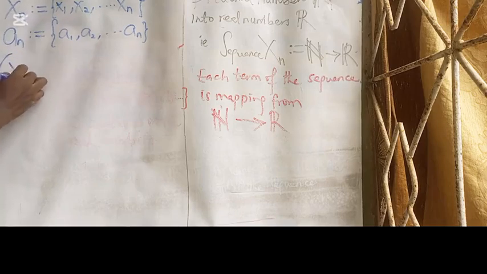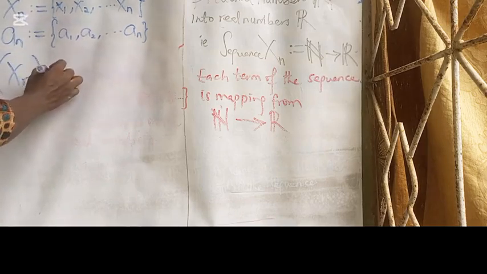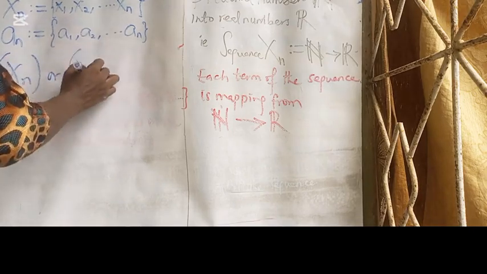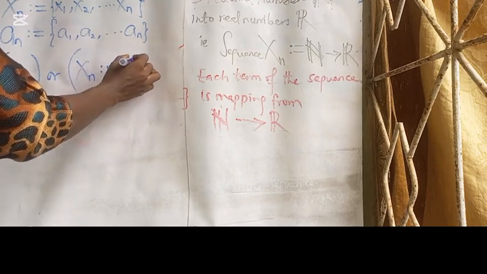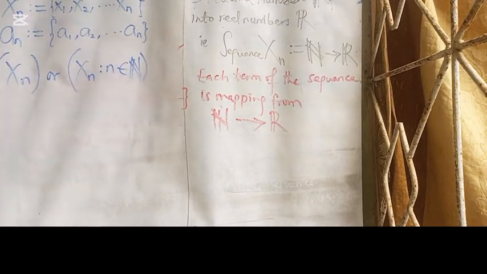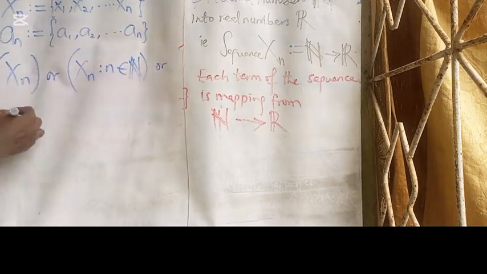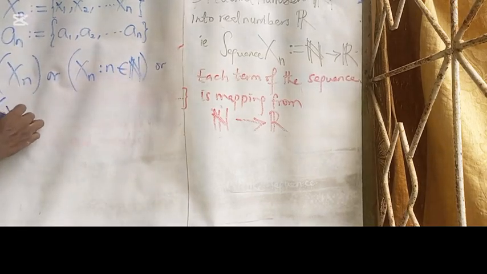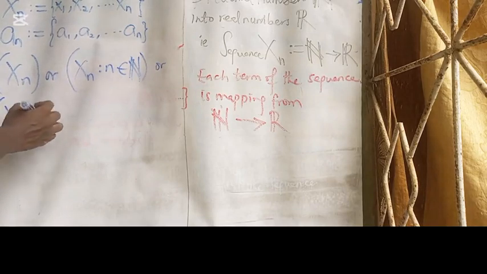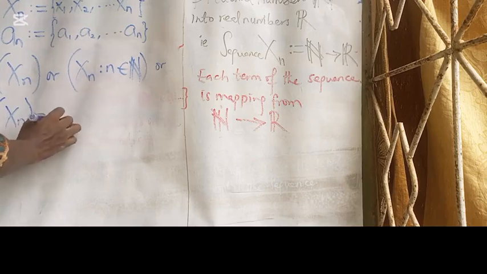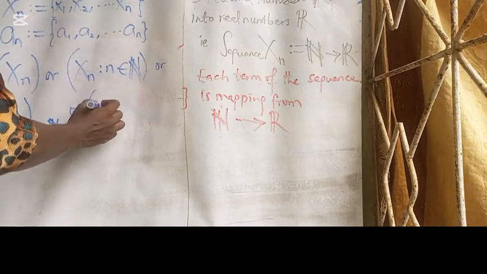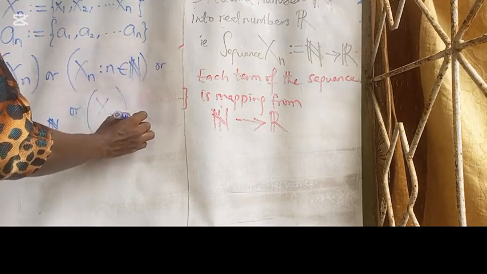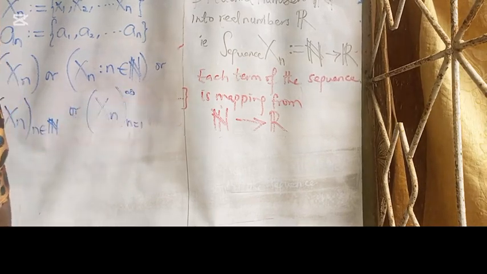Now, a simpler way of writing this is to write my xn in brackets, such that n is an element of the set of natural numbers, or I write it as xn, where n is from 1 to infinity.